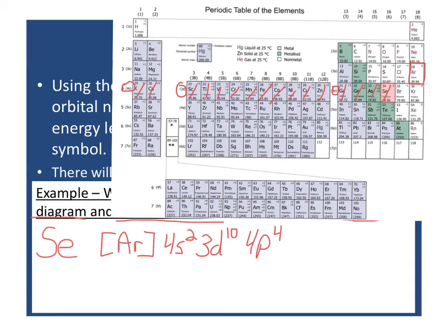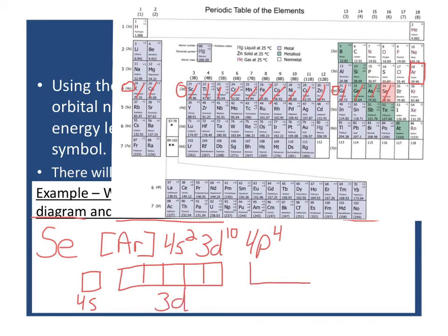Second thing I need to do is the orbital filling diagram. So I draw in that 4s box, the 5 3d boxes, and the 3 4p boxes.